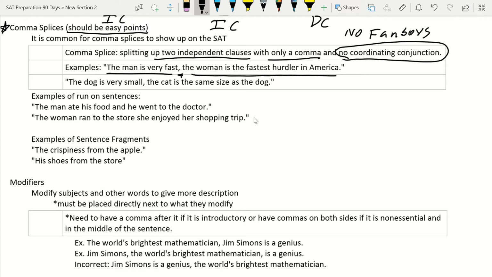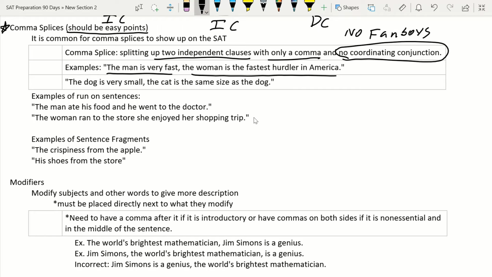No FANBOYS. So that would be an example of a comma splice. If we were going to fix that, we would have to add "the man is very fast, comma, and the woman is the fastest hurdler in America," or one of the other FANBOYS, or we could put a semicolon there. So go ahead and get rid of that. All right, so keep in mind that that's an incorrect example, right? That would be a comma splice.